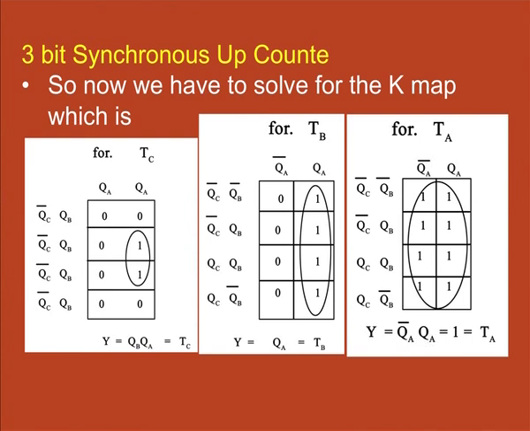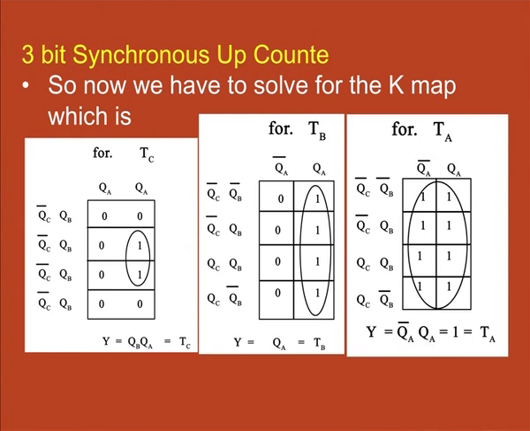If we solve this K map, we will obtain the output y equal to QB dot QA, which is the complementary input for TC.